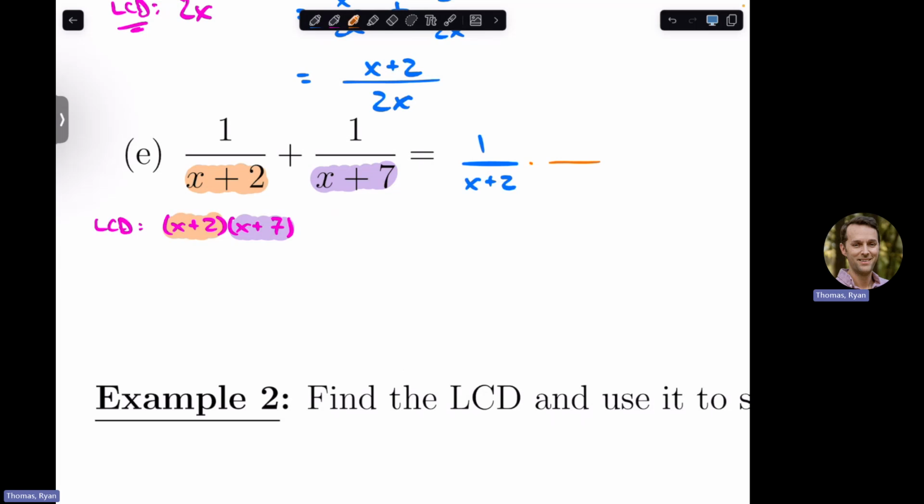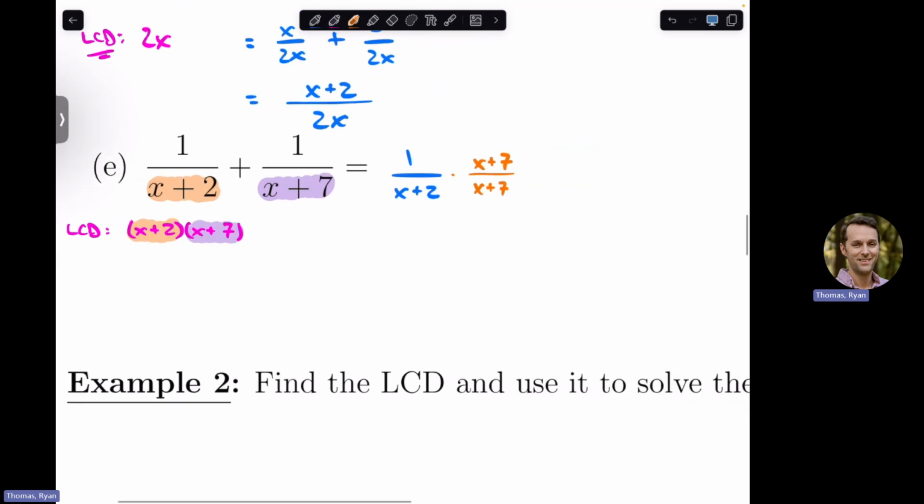So the first term, 1 over x plus 2, we need to multiply by x plus 7 in the top and bottom. And the second one, we need to multiply by x plus 2.